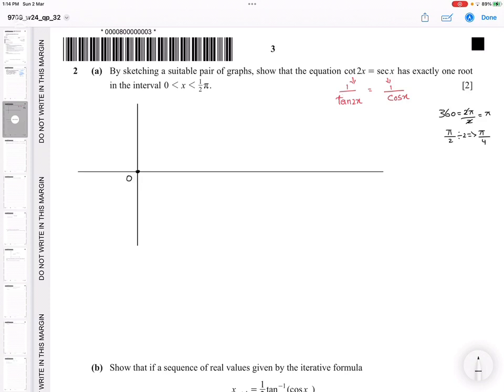So 0, pi by 4, then 90. 90 is our pi by 2. Then stop here. We make 1 and minus 1. And actually our asymptote will come here.